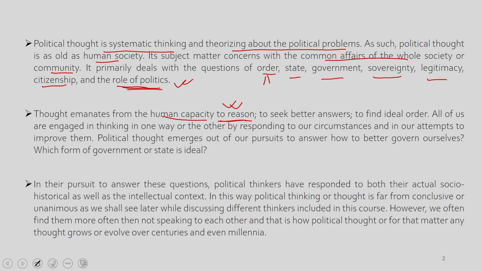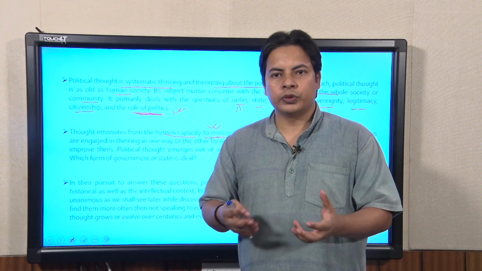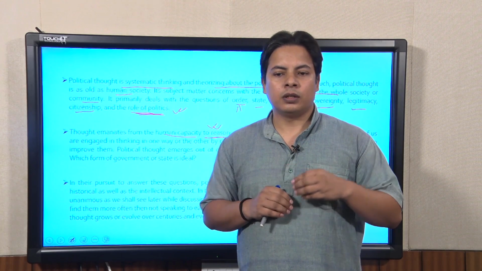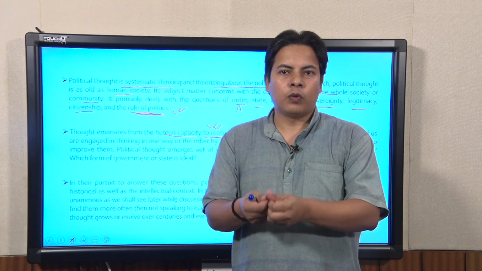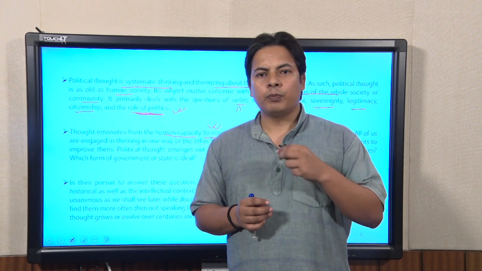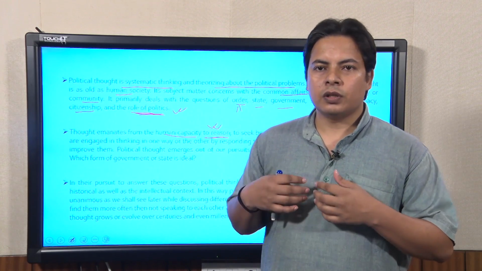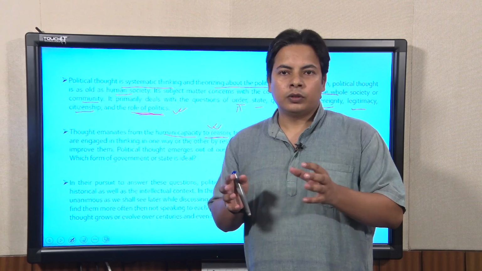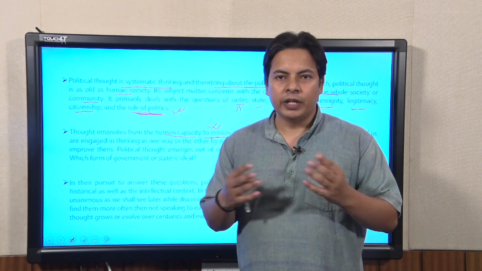So, in that sense, a human being as a rational subject is capable of reflecting upon his or her circumstances, and that ability to reflect upon his or her circumstances and how to improve those circumstances, if one uses the rational logical modes of inquiry in first making sense of or understanding about the circumstances and then the possibility of improving them, once an individual is involved in that kind of inquiry, thought originates and emanates out of that.